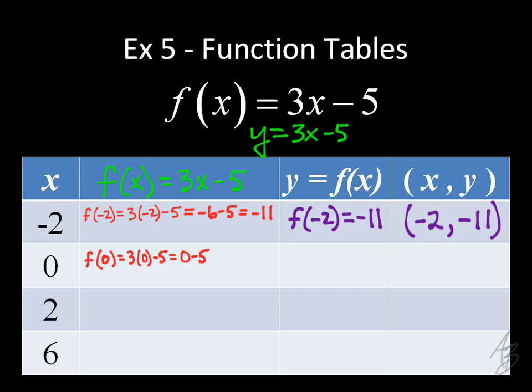So we have 0 minus 5. And 0 minus 5 is negative 5. So again, we're going to write this column a little bit different. We're not just going to put the negative 5 in there, but we're going to say f of 0 equals negative 5. And then our ordered pair is going to be 0, comma, negative 5.